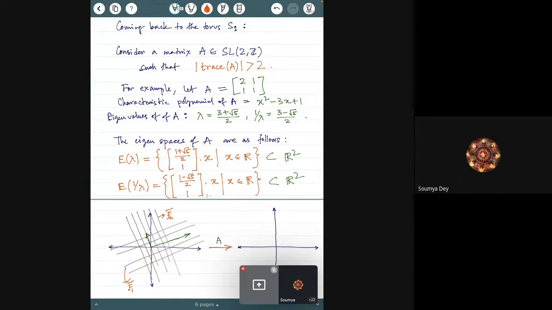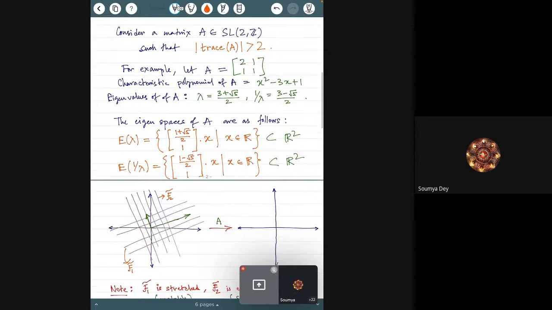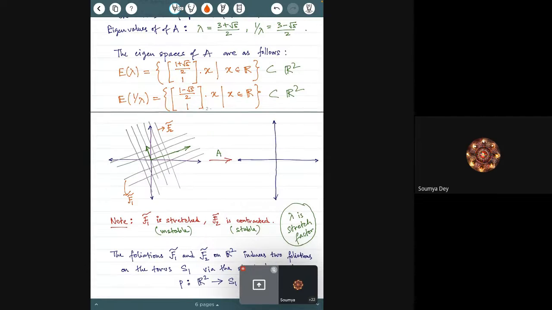In particular, if you choose 2 1 1 1 and calculate the characteristic polynomial, which is x squared minus 3x plus 1, you calculate the eigenvalues. Let's call them lambda and 1 by lambda. They come out to be (3 plus root 5) by 2 and (3 minus root 5) by 2. Now you look at the eigenspaces of this matrix.